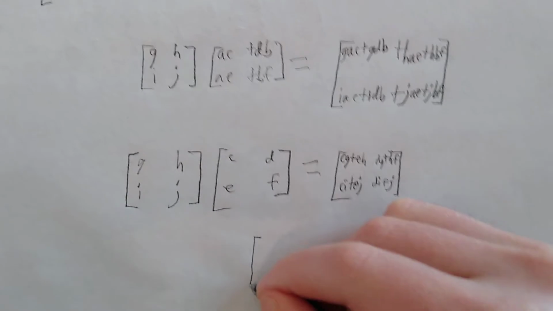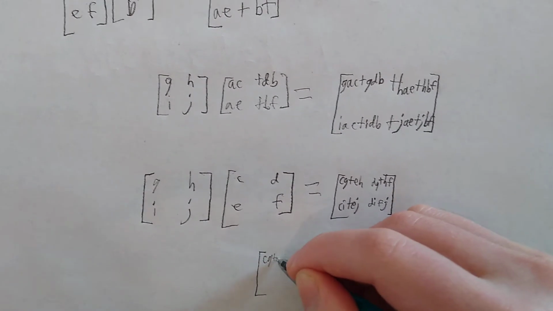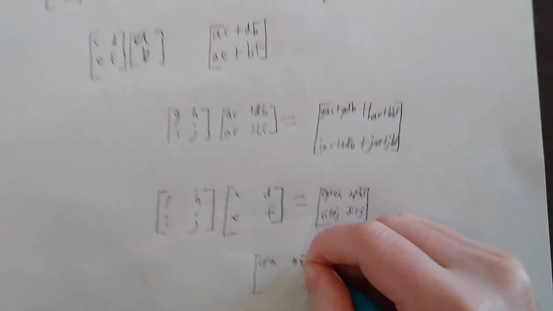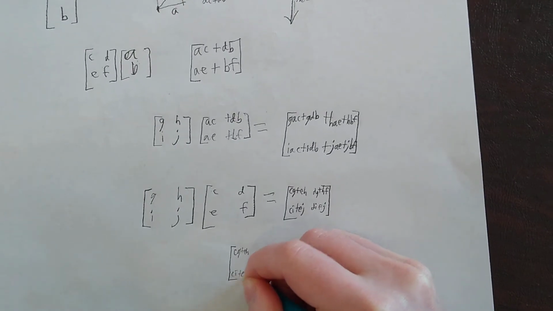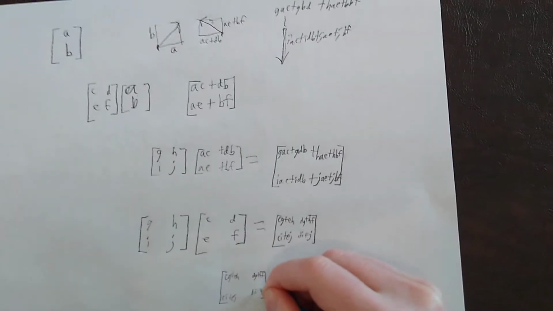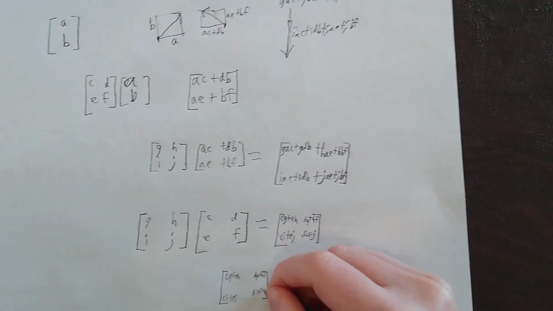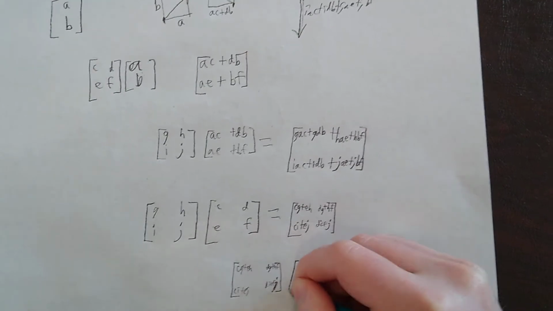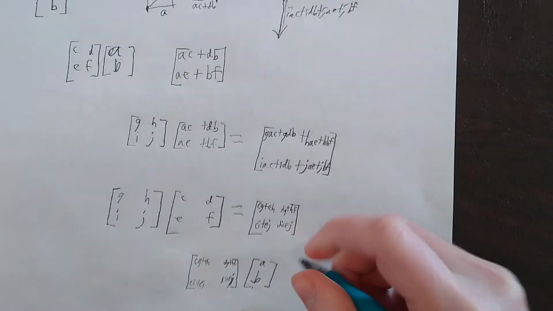And now, let's multiply this matrix by this vector.